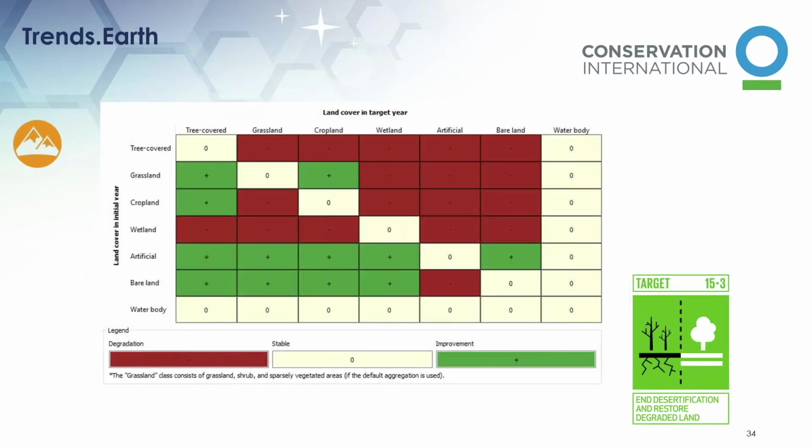So for example, you could have land cover types like tree covered, grassland, and cropland. And Trends.Earth can help you map which category the land cover types are in, and if they're in better or worse condition, or if they've transitioned entirely to a new class.